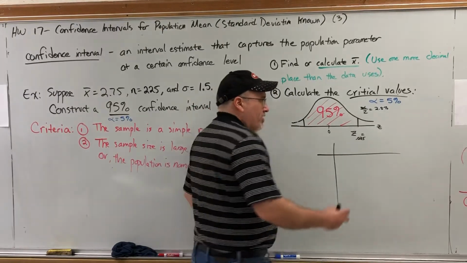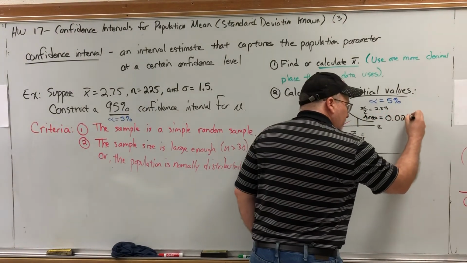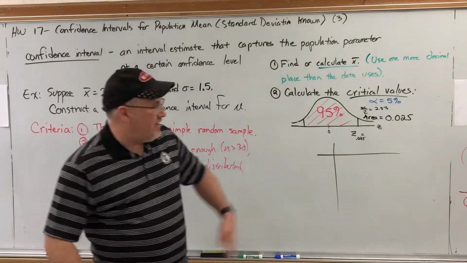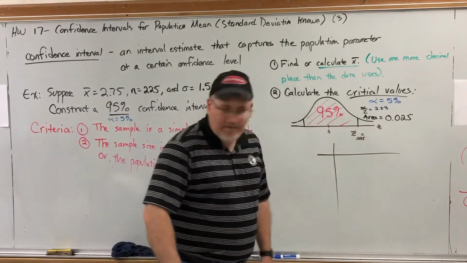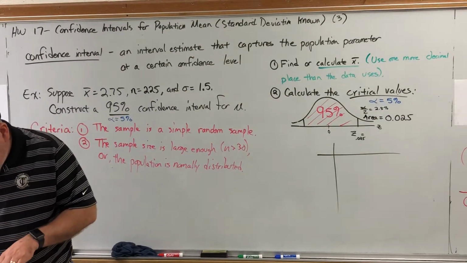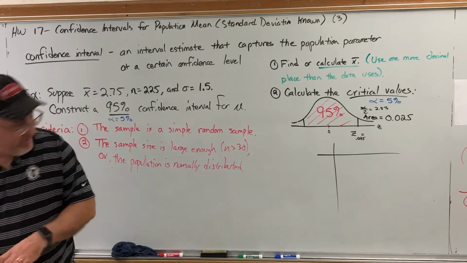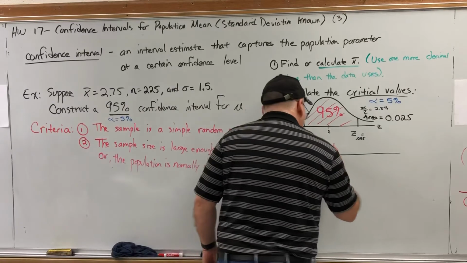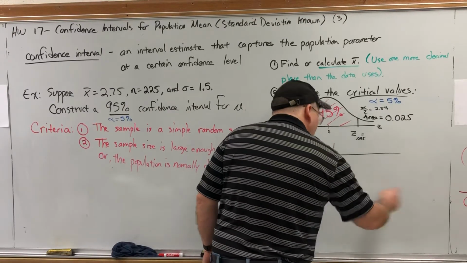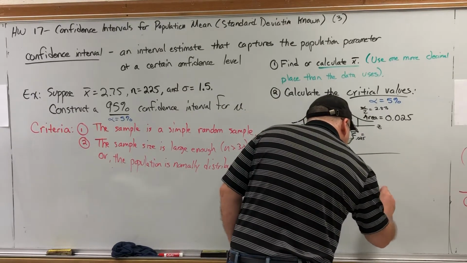But if you know the area of a tail, 0.025, then you have to go inside the z-chart and find the area closest to it to locate its z. So you have to go on a scavenger hunt. Now, if you have a z-chart handy, and you should, go to the negative 1.9 row. Why that one? Because we're looking for 0.0250.